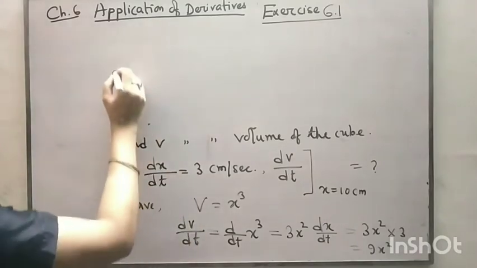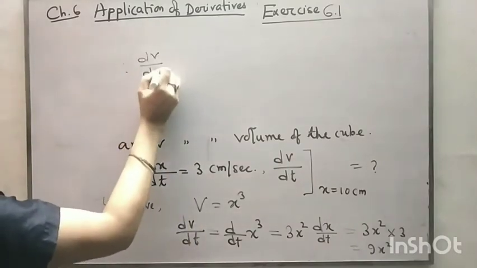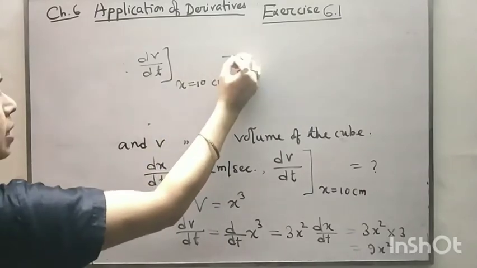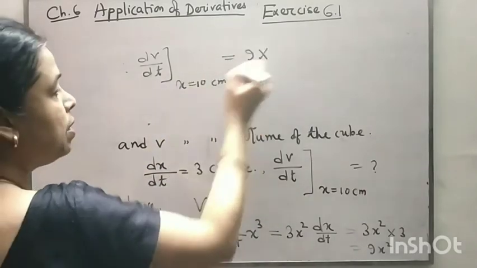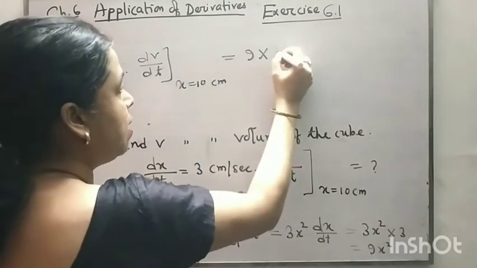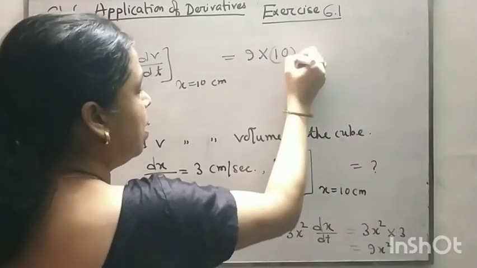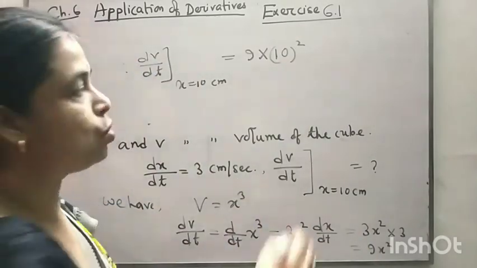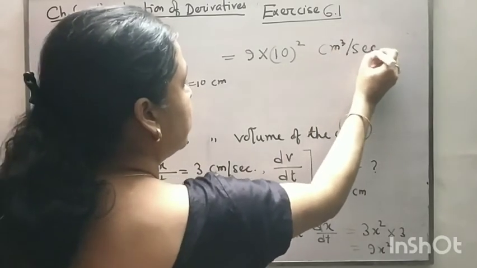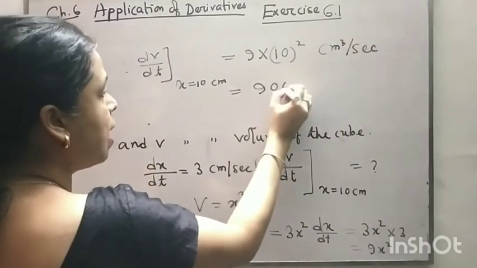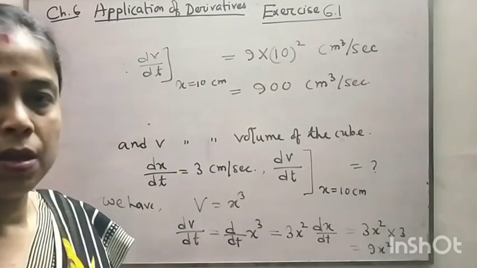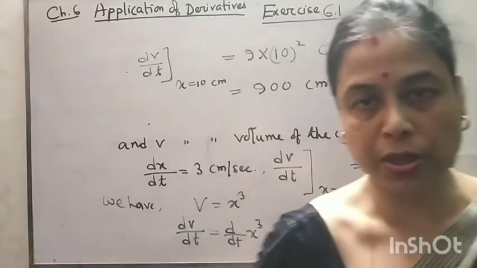Therefore, dv/dt at the instant when x equals 10 cm is equal to 9 into, in the place of x you substitute 10, so 9 into 10 squared. The volume unit is centimeter cube per second, and that is equal to 900 cm cube per second. Hope you understand the solution of this question.